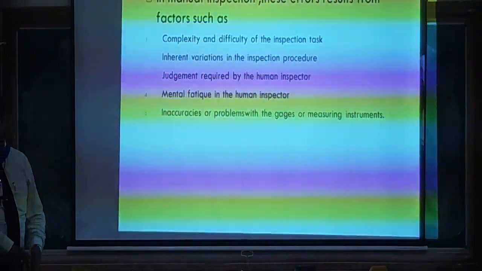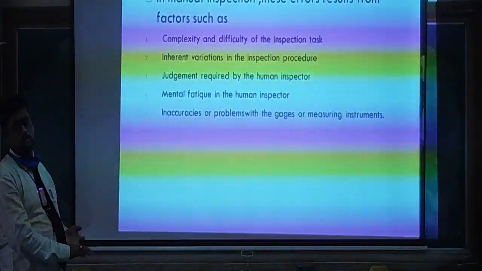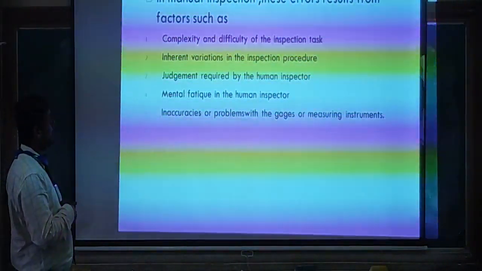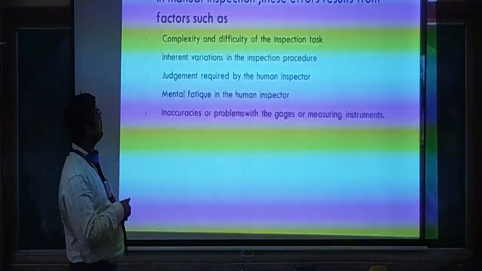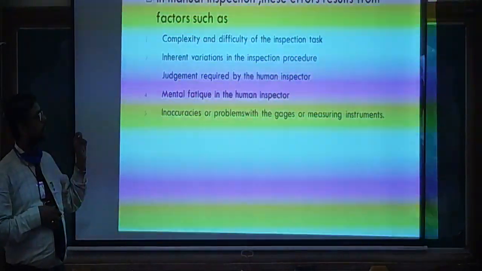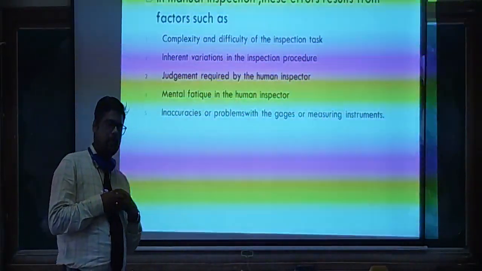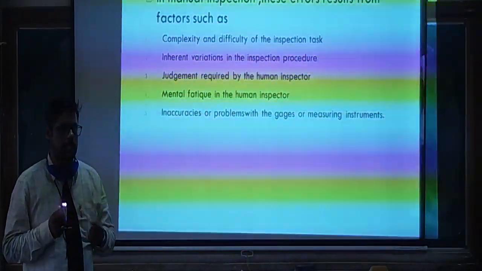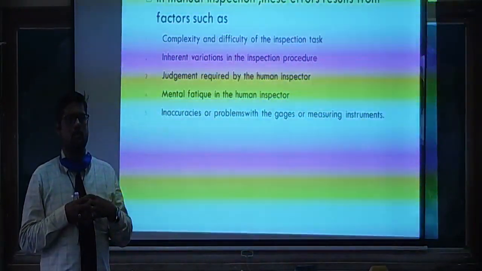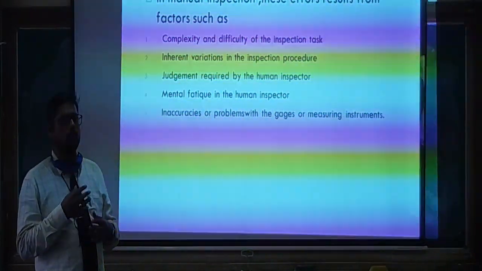So next, in a manual inspection, these errors result from some factors, okay. The first point is the complexity and difficulty of the inspection task, okay. If the part is a prismatic part, I'll just give one example of a manifold, okay.